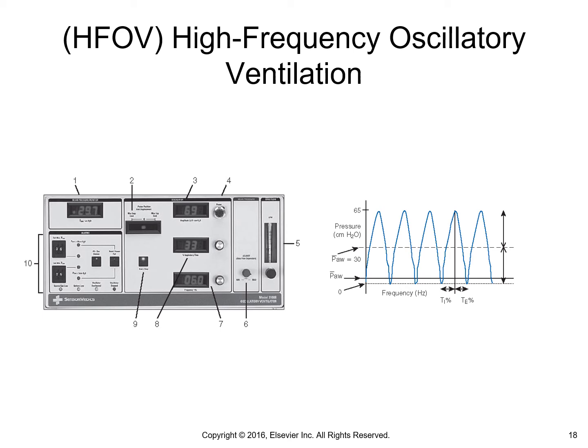So the pressure is positive in the airway during the inspiratory phase, or the forward stroke of the piston, and then negative during the expiratory phase, during the return stroke of the piston.